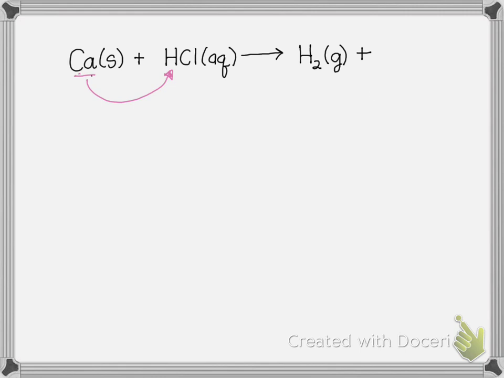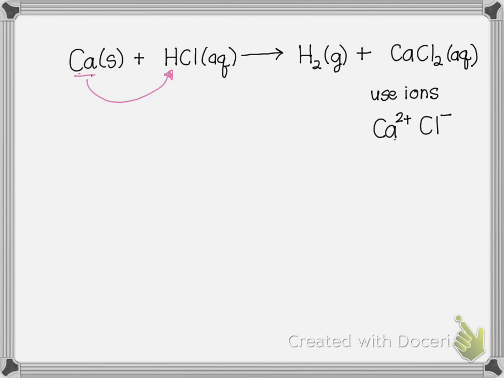Now remember, you have to use the ions to get the new product. Calcium is a group 2A, it's a 2+, and the chloride ion is a halogen, so it's a 1-, so it's 1 calcium and 2 chloride ions, and this would be dissolving into the acid solution, so it's aq.